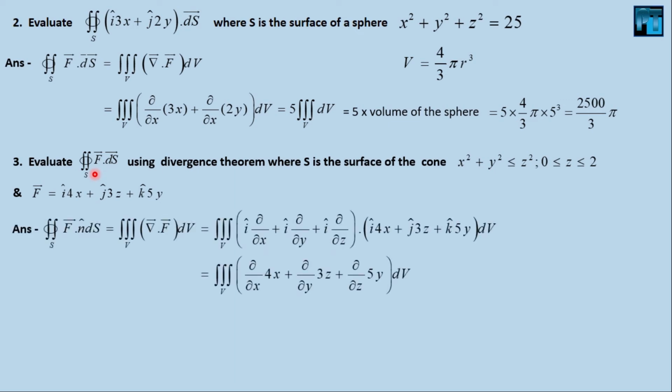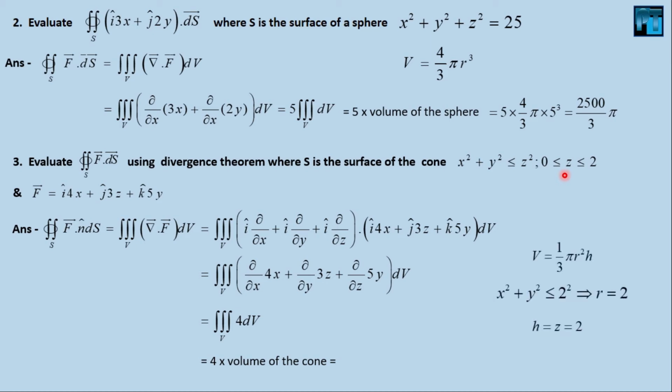The dot product gives us 4 dv integration, triple integral V. So what is the triple integral dv? It is actually the volume of this cone given by this equation. Now what is the value of the volume? 1/3 pi r square h.